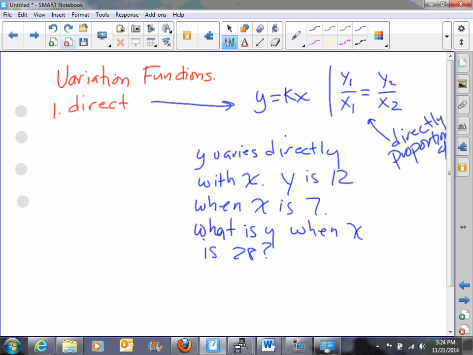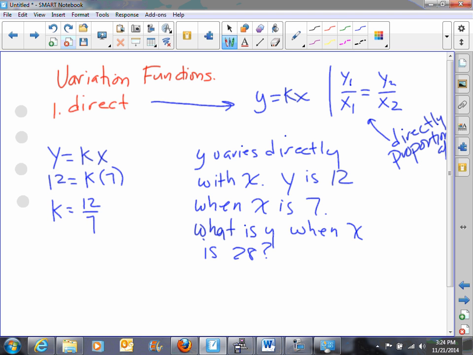Now you would work that something like this. If y varies directly as x, we think y equals kx. We know that we have 12 for y when x is 7. So solving this equation, we get k is equal to 12 sevenths.